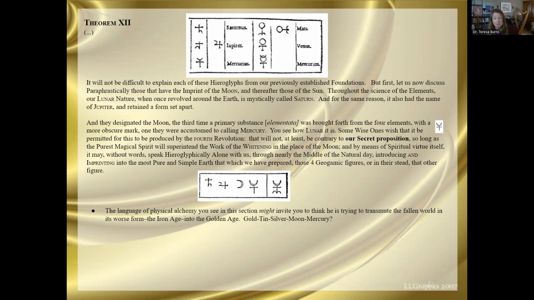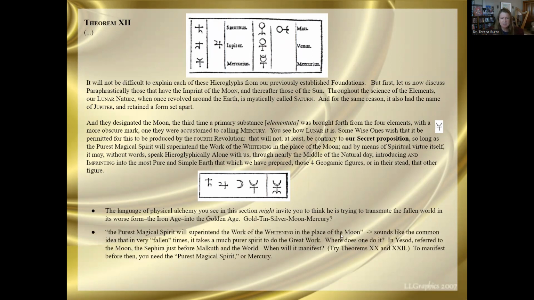The moon would be silver. But if you associate Saturn with the Golden Age, which they did in Greece and Rome, and then go to Jupiter or Zeus, you'd have something like gold, tin. Oh, and then we'll get the moon, silver, and Mercury. Mercury is an age. That sounds interesting.